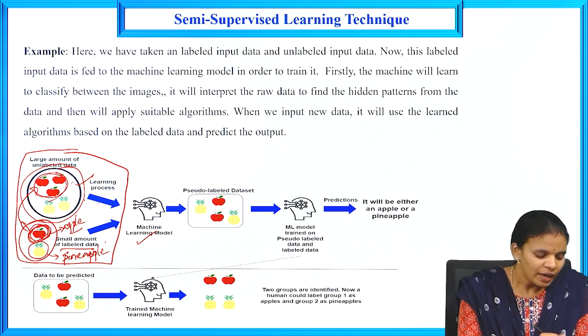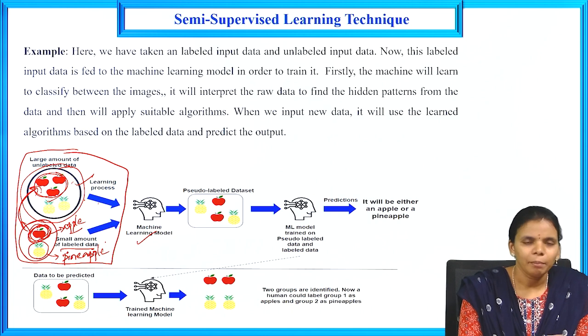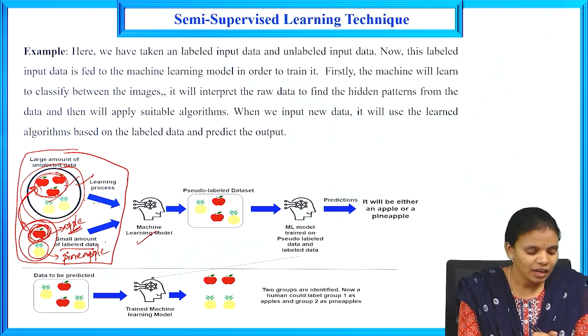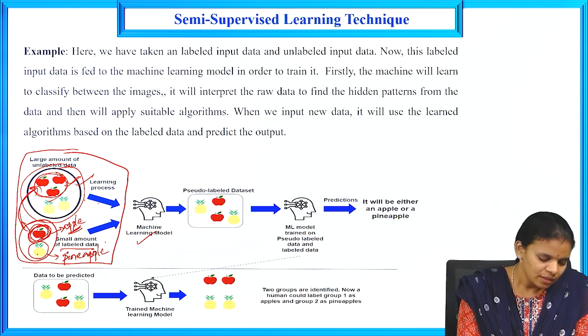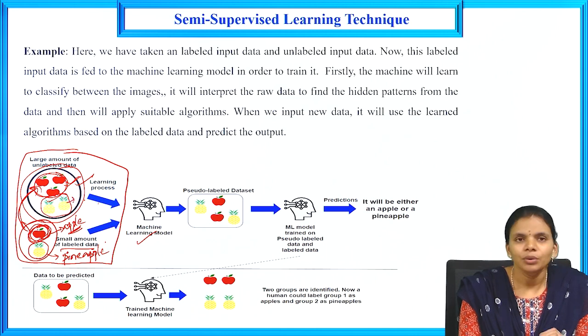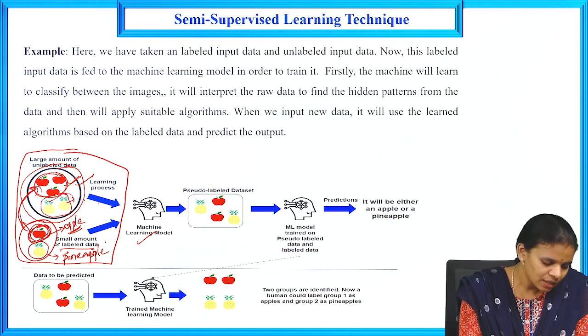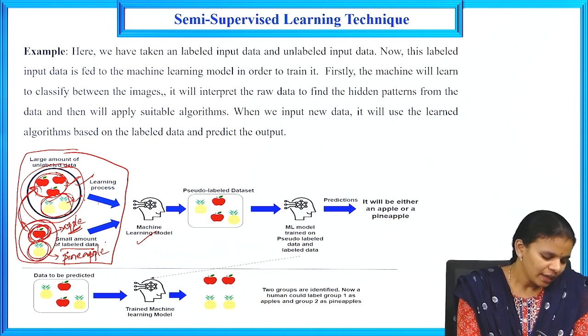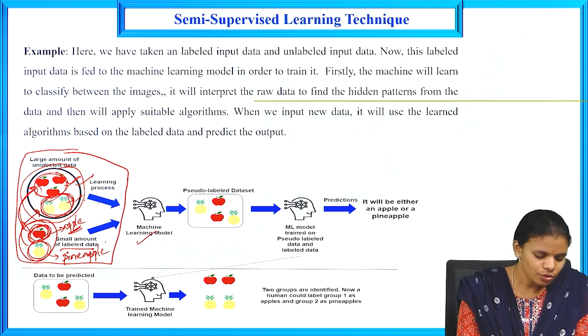So now it will map this name to the unlabeled data points present in the unlabeled data set. Same as this image, which is labeled as pineapple, the images present in the unlabeled data set have no name, but the features of these images and the features of this image are the same. Now we can take, or it will take, the image as belonging to pineapple.